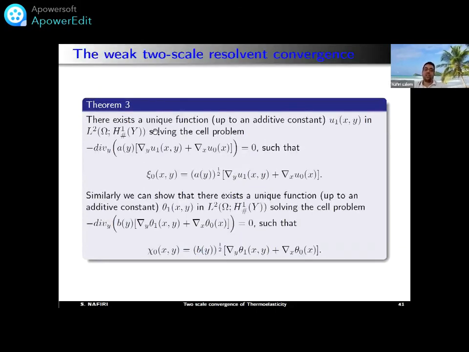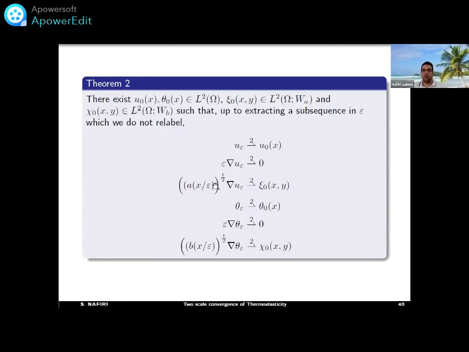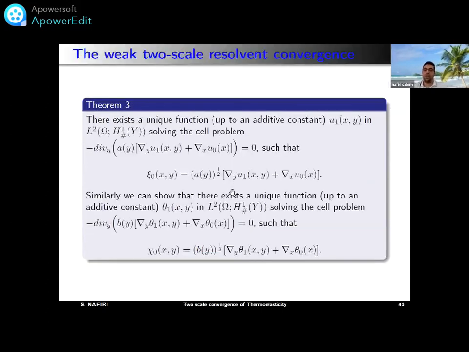Another result: there exists a unique function, up to an additive constant, U1 in L2 of omega, H1 sharp, that solves the following cell problem, such that this C0, which is just the limit of one half grad U epsilon, is no more than this combination: the sum of the gradient in x of U0 and the gradient in y of U1, multiplied by one half.